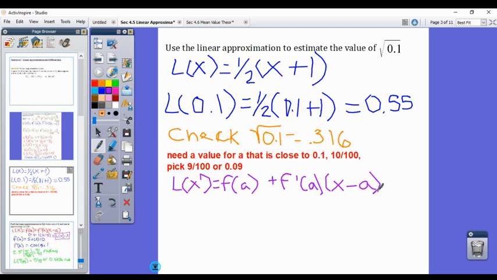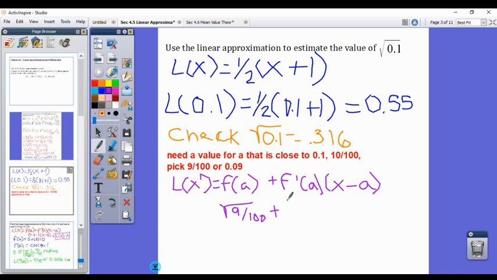When we are plugging into the original function, that is the square root of x, I'm going to have the square root of 9 over 100, because that's my a value I'm picking.